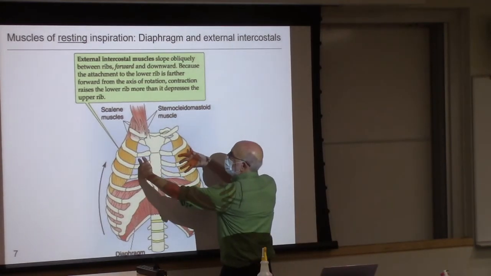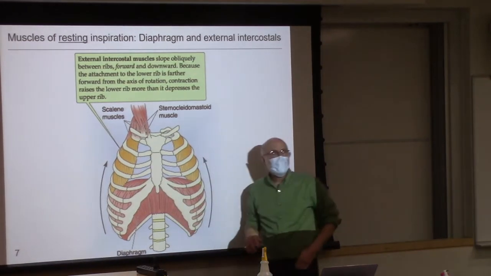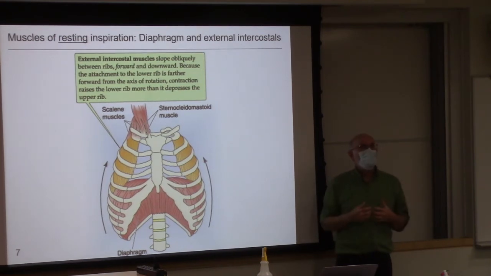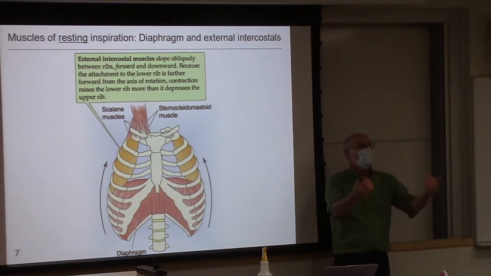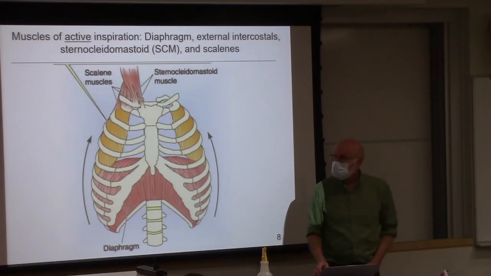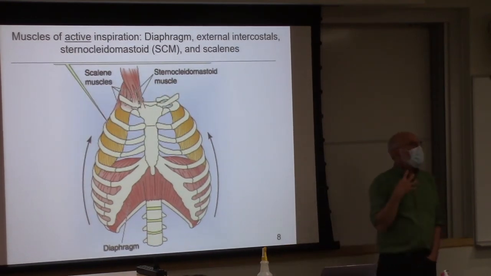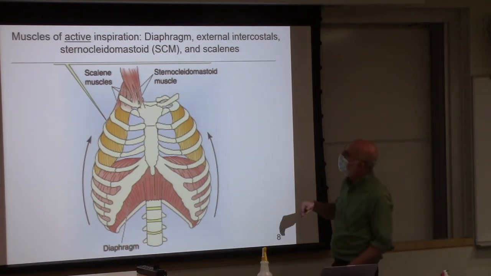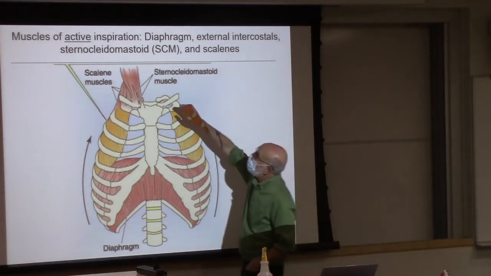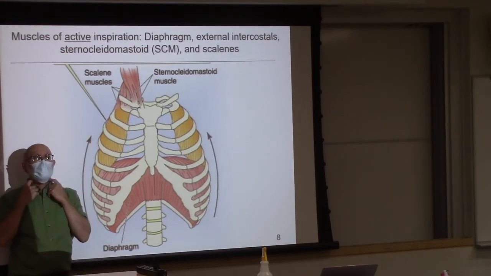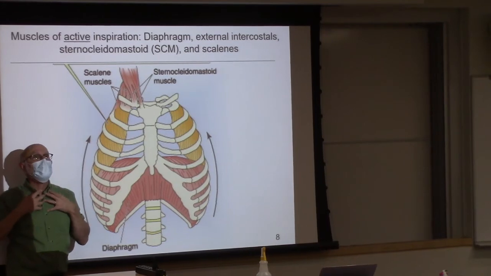The external intercostals pull the ribs out a little bit, increasing the volume of the thorax, the chest, drawing air in. If you are exercising, you recruit additional muscles: the sternocleidomastoid and the scalene muscles, to lift up your clavicle and your first rib.